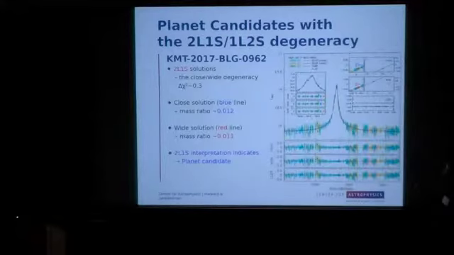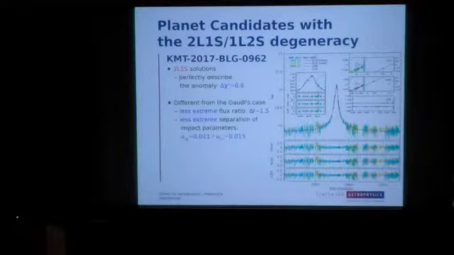I will present another degenerate case. This event has a more severe degeneracy. From the binary lens solution, I found the close-wide degeneracy. The delta chi-square is only about 0.3, and both solutions indicate a mass ratio of about 0.01. This means this system is a planetary candidate.